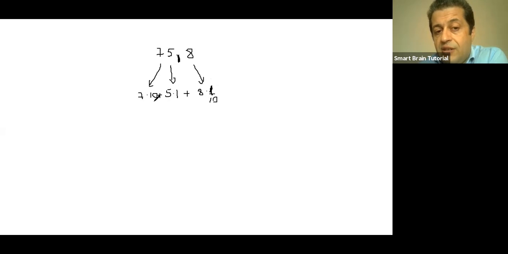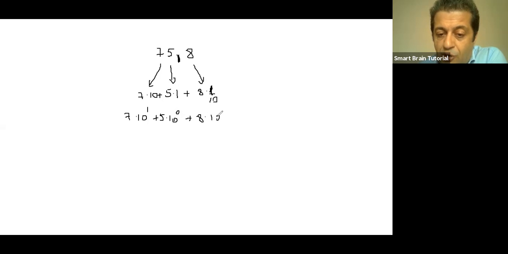So we have 7 tens, or in a more scientific way, we can write 7 times 10 at power 1 plus 5 times 10 at power 0, because we know that every number at power 0 is 1, plus 8 times 10 at power minus 1.